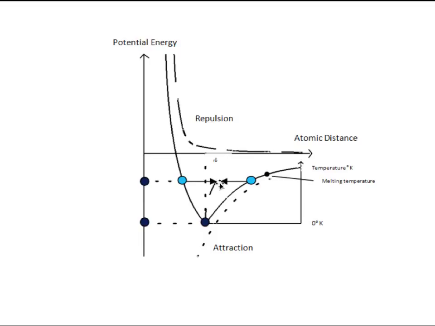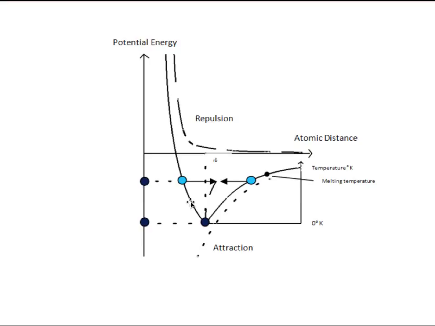So now we realize that the thermal expansion will be dependent on how much this asymmetry really is as a function of the raised temperature. If I have a very wide curve as a result of weak bondings, we will have large thermal expansion. If I have a very deep minimum here, which is a result of very strong bondings, we will have a small thermal expansion.